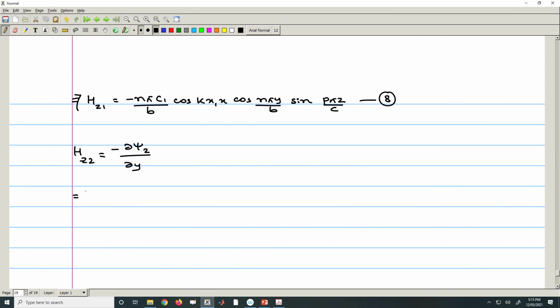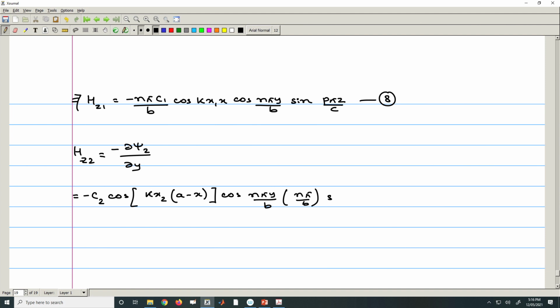That will give us minus of C2 cos of k x2 a minus x. Okay. So, differentiating with respect to y, we will have cos n pi y upon b and then n pi by b. Okay.